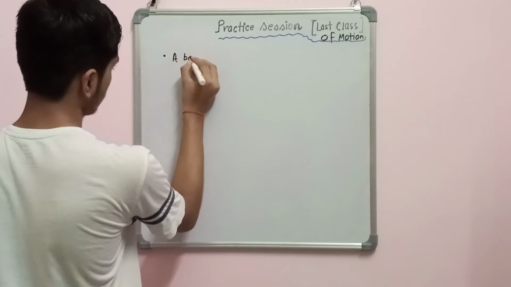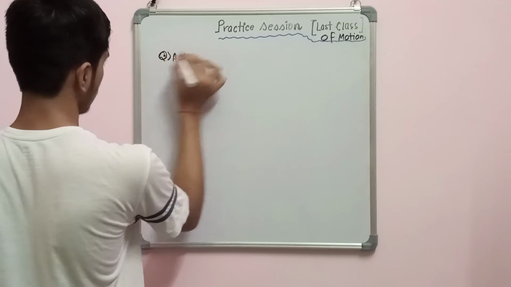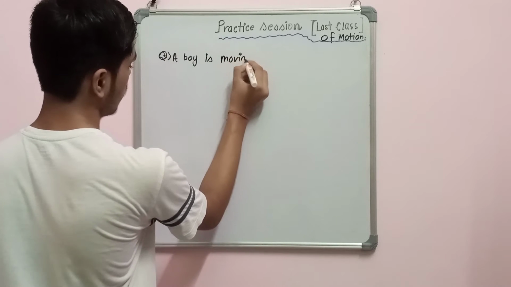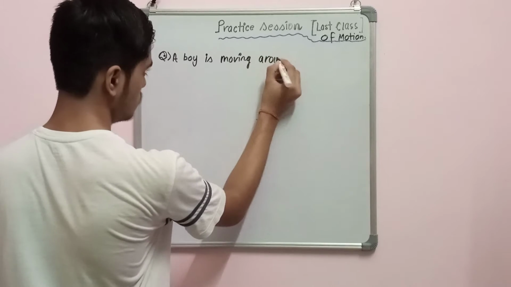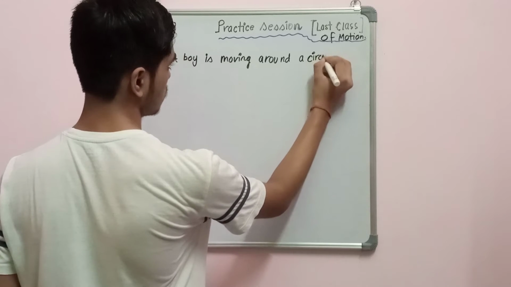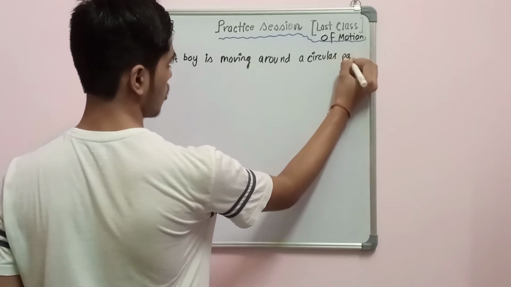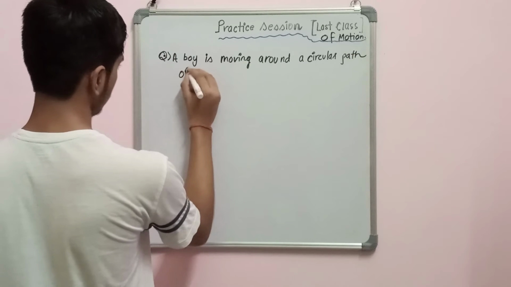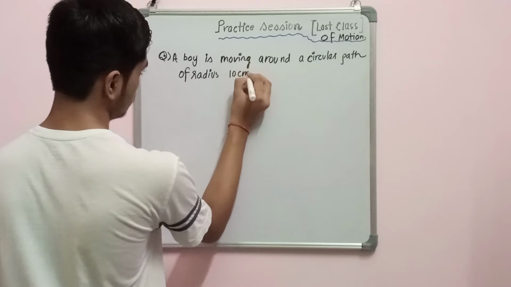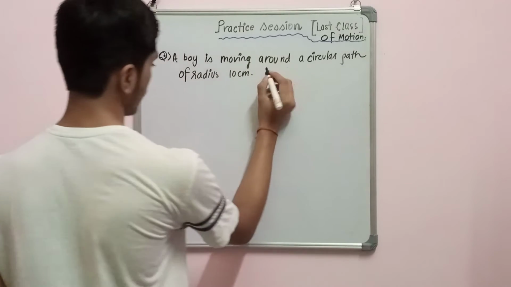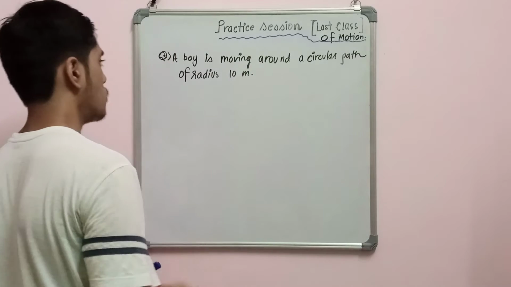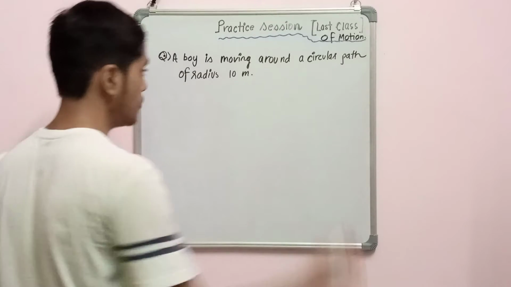A body is moving around a circular path of radius 10 meter.